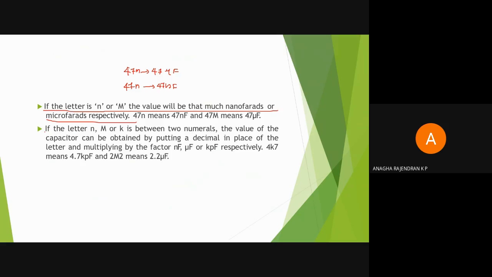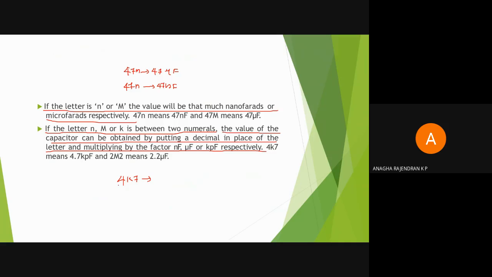And the final point: if the letter N, M or K is between two numerals, the value of the capacitor can be obtained by putting a decimal in the place of the letter and multiplying by the factor nanofarad, microfarad or kilo picofarad respectively. That is the fifth point. For example, 4K7.